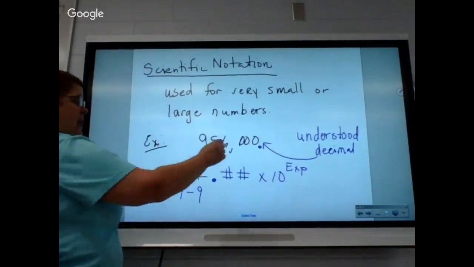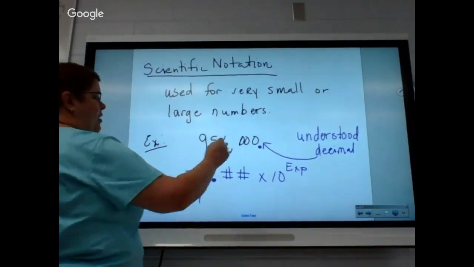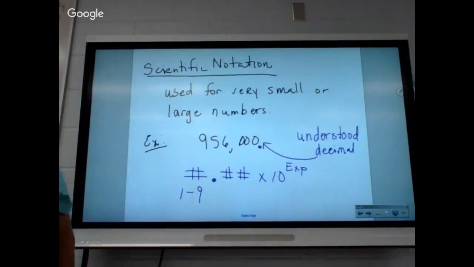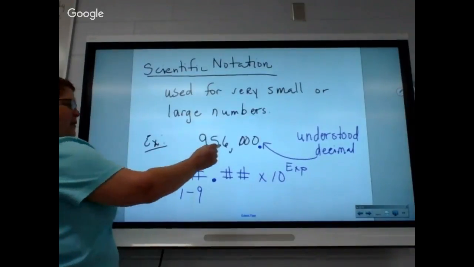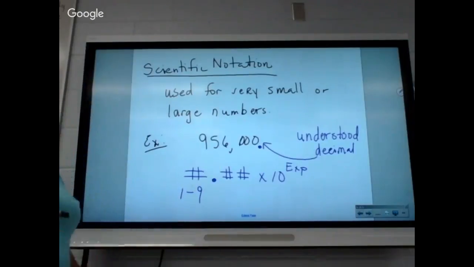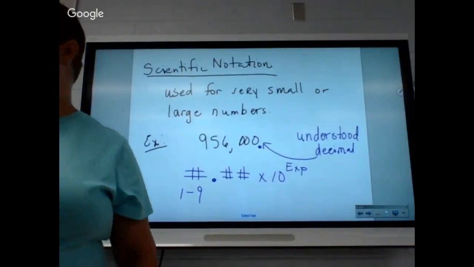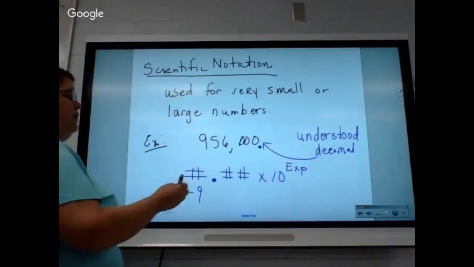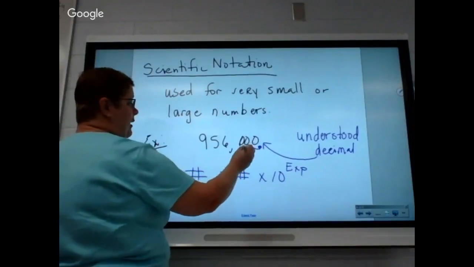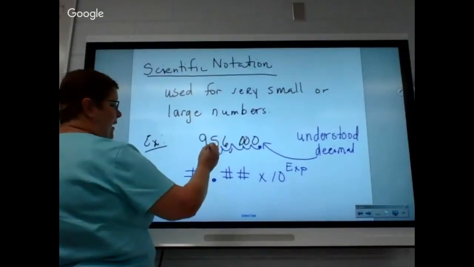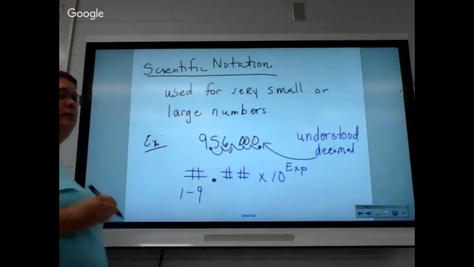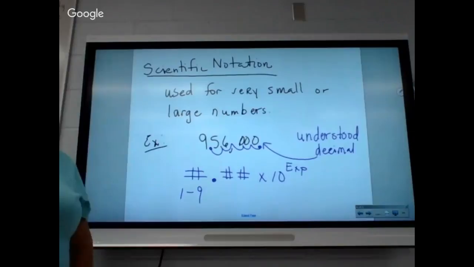Well, if I stop the decimal here, is 956 a number between 1 and 9? No, that's way too big. If I put it behind the 5, is 95 a number between 1 and 9? No. So I have to move this decimal all the way to between the 9 and the 5, because 9 is a number between 1 and 9.